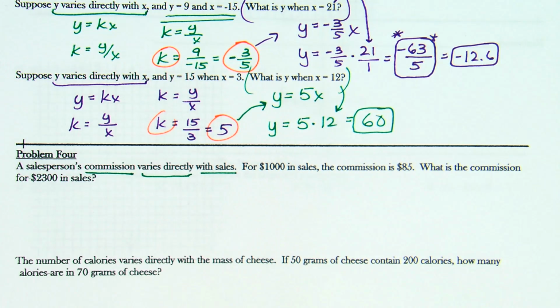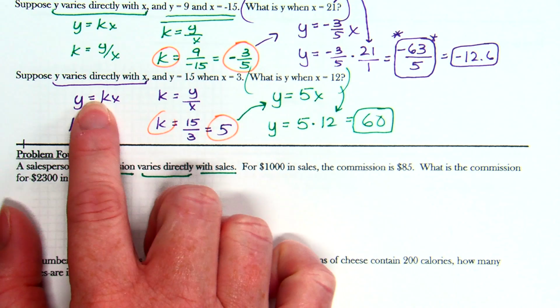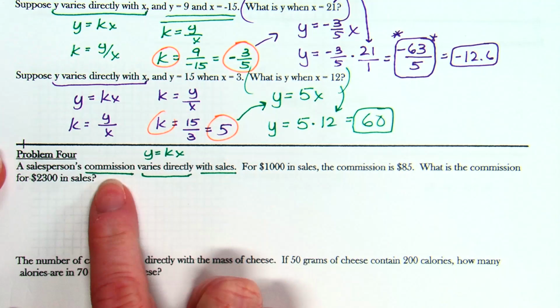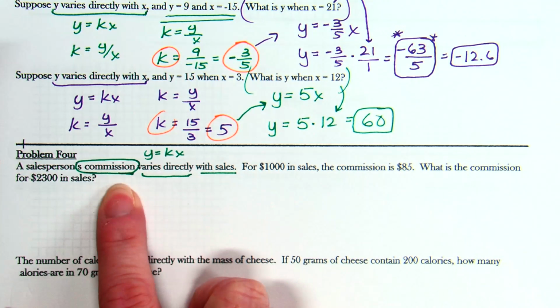So if we think in terms of a question, or as an equation, earlier it was y varies directly with x, and that was the equation y equals kx, right? This time it's commission varies directly with sales. So if you think about that equation, y equals kx, what is commission? Commission is what variable?